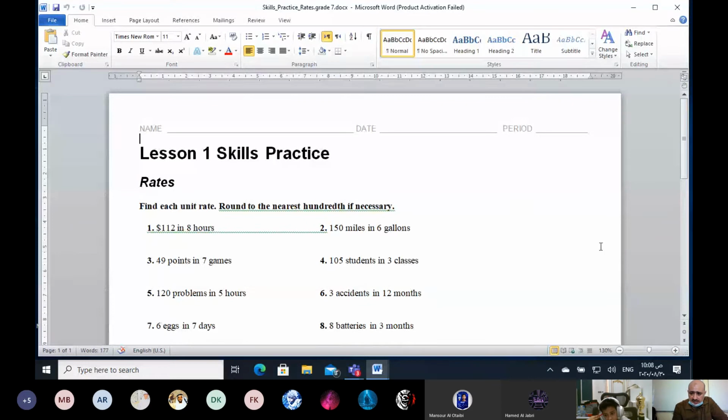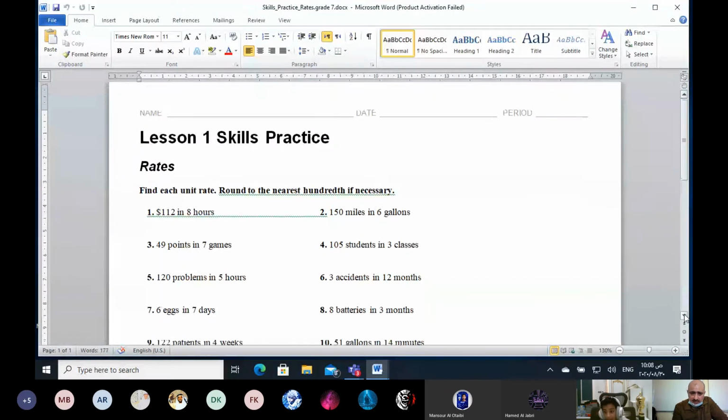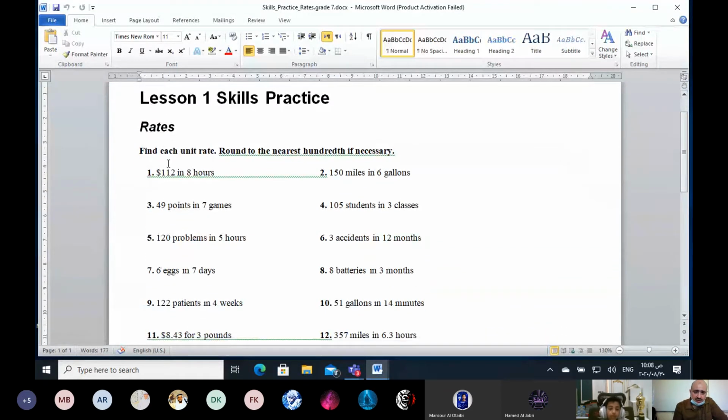Here we have some practice, and this is the homework today. The question here: find each unit rate and round to the nearest hundredth if necessary. I can choose question number 2.